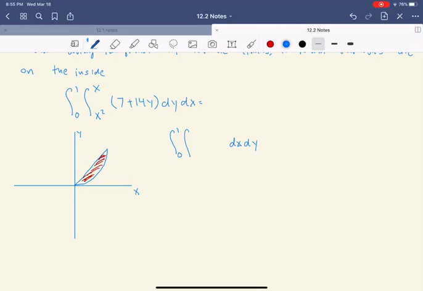So the x is going to be the inside limit. Okay? That means that x is some function of y here. Okay? And we're going to go from left to right. Okay, that means this line here is y equals x or x equals y.